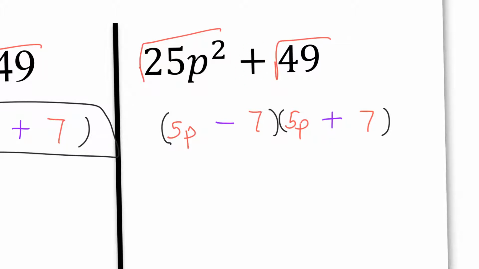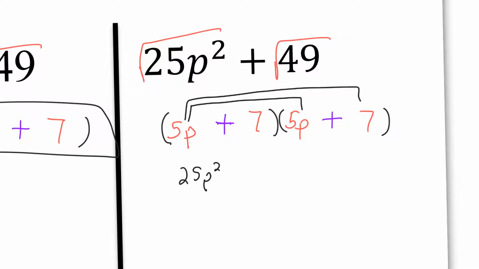Now, some people think, well, how about if you change this to a plus? Well, let me show you that you're not going to get the same binomial. If you start distributing, you multiply 5p times 5p, you do get the 25p squared. But when you multiply 5p times 7, that's going to be positive 35p.